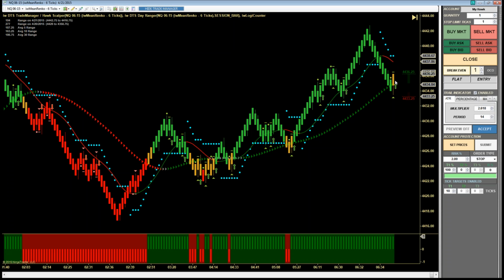What makes this a little bit more attractive trade is that we haven't seen the test of the extreme here yet. Right? The test of the extreme being the high, we know that there's normally some sort of reaction before the market reverses and heads lower.